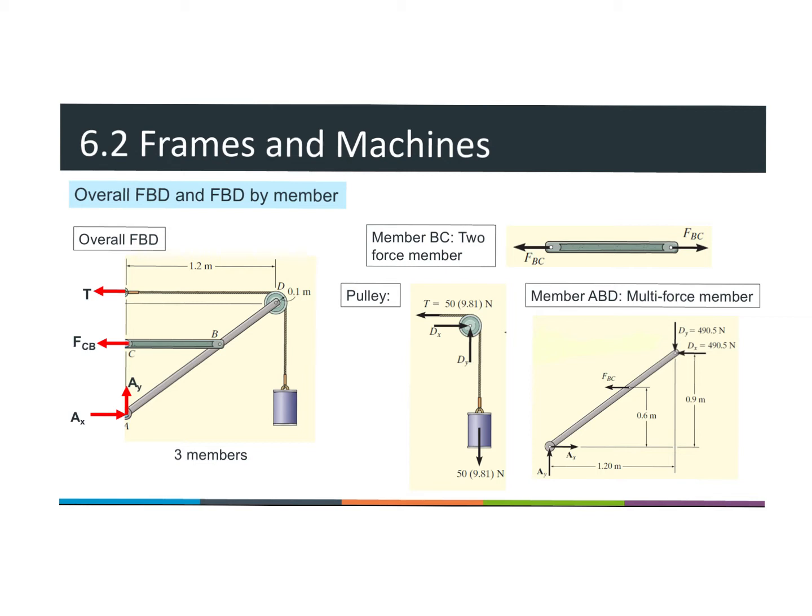When we want to find the value of the forces, we have to use the FBD, of course, right? Then we have to apply the equilibrium equation for a rigid body.